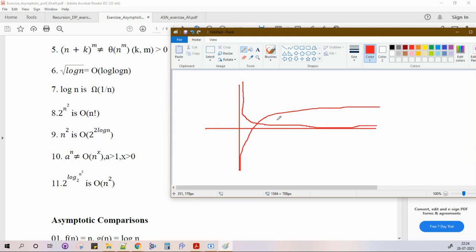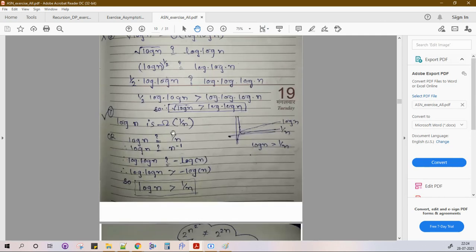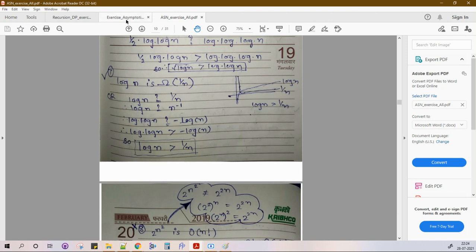So definitely log n can be bounded by 1 by n, because 1 by n is less than log n. So the seventh is true. Yes, correct. So log n is increasing and 1 by n is less than log n, so log n can be lower bounded by 1 by n. Big omega is nothing but the lower bound. So this statement is also true. You can prove it by taking log also.